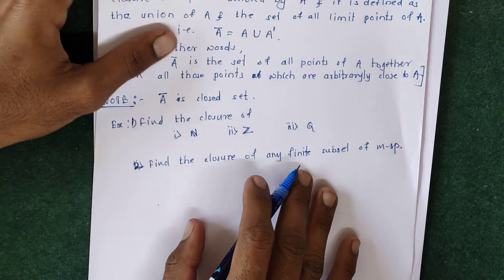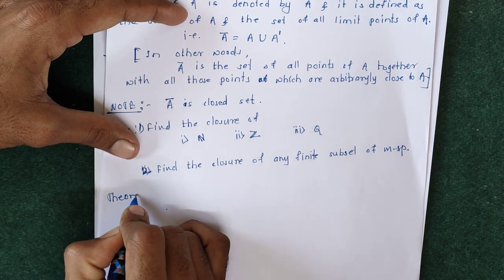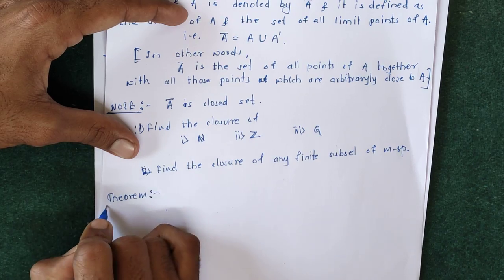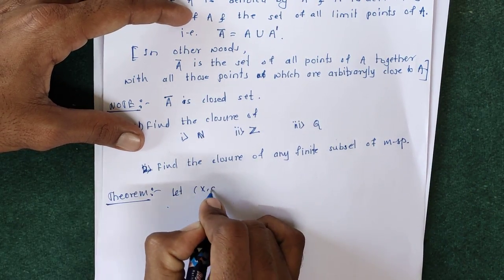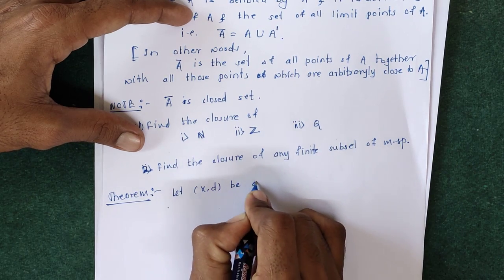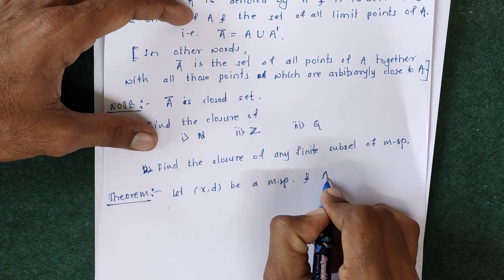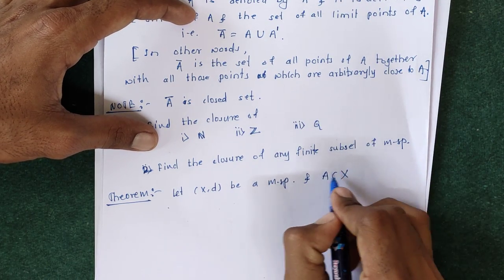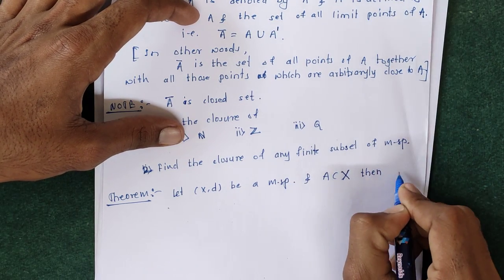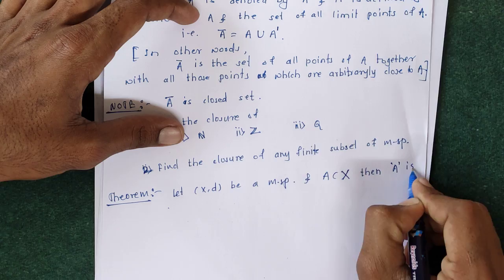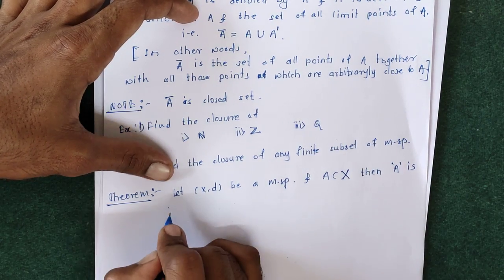Now we will see the theorem. Statement of the theorem is, let (X, d) be a metric space and A is a subset of, or A is contained in, metric space X. Then A is closed.